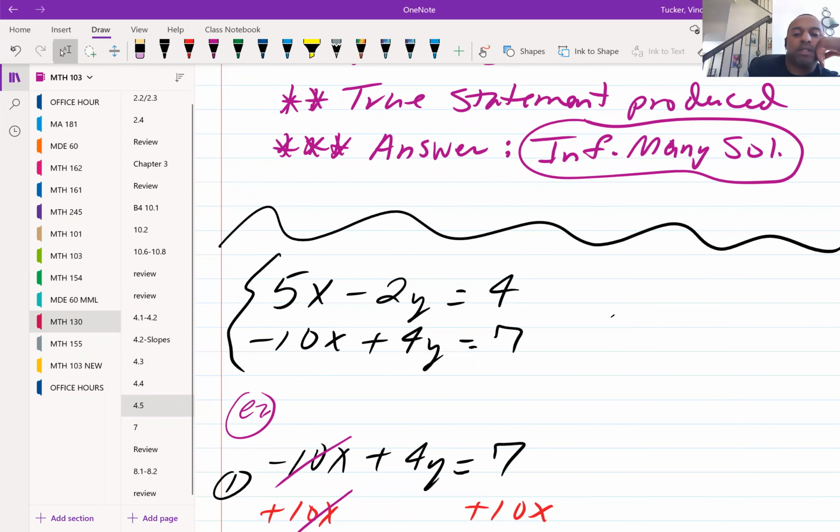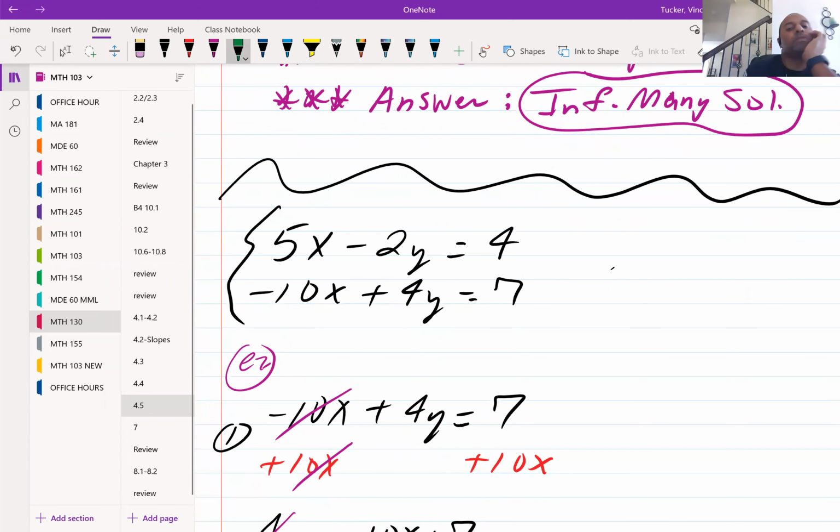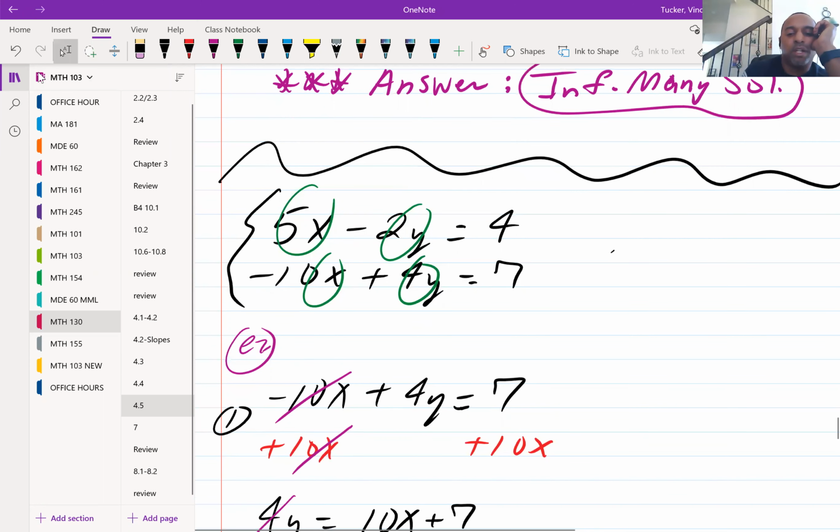Now in this case, it doesn't matter which one we solve for first. We don't have an x or a y that's by itself like in the other equations. So it doesn't matter which one we solve for. It looks like I chose the second equation and solved it for y.